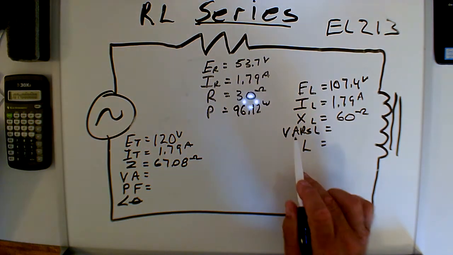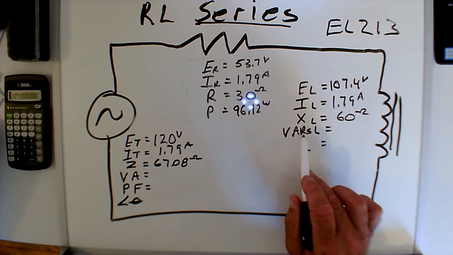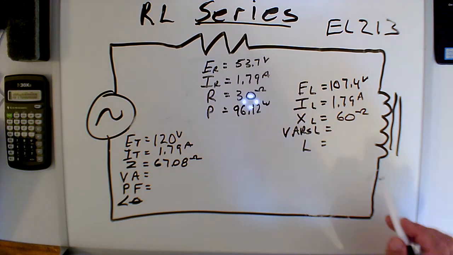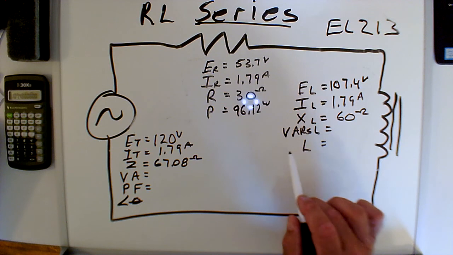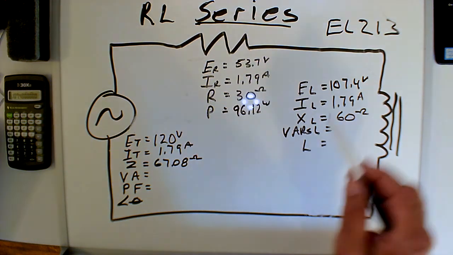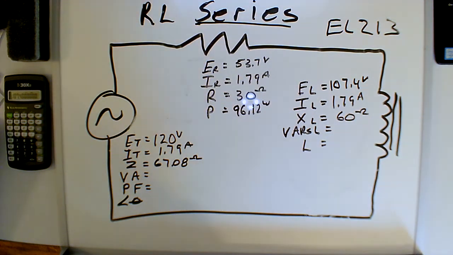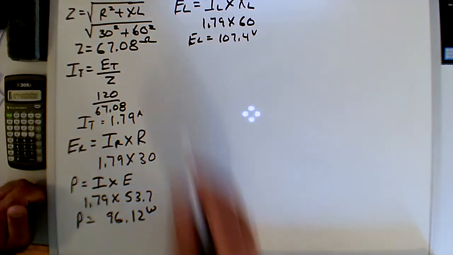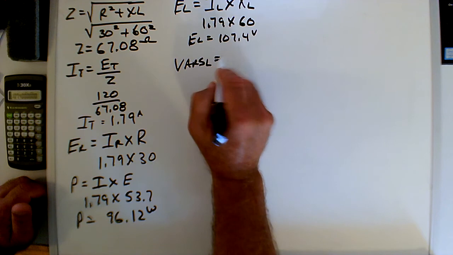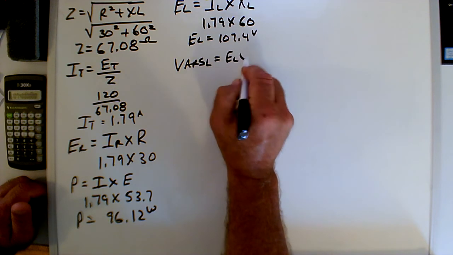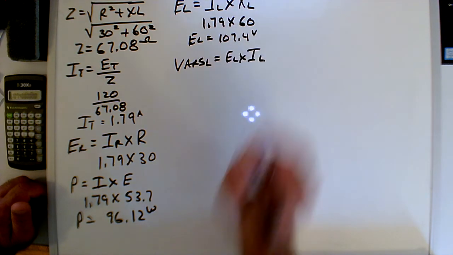And if I'm looking for the VARS L, which is the volt-amps reactive of the inductor, the formula for VARS would be VARS is equal to E times I. So I would write that down as VARS L is equal to EL times IL.